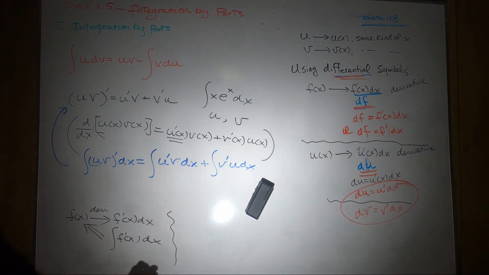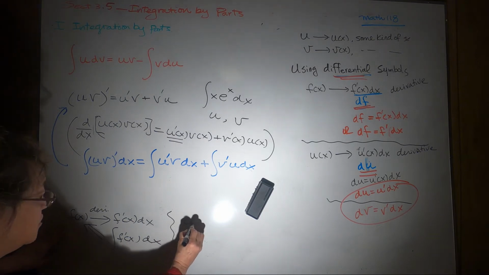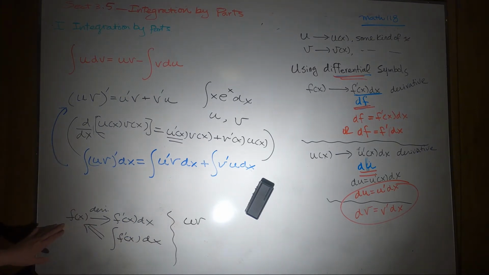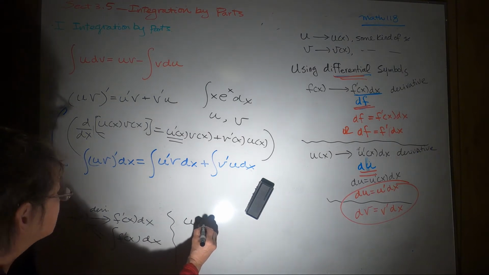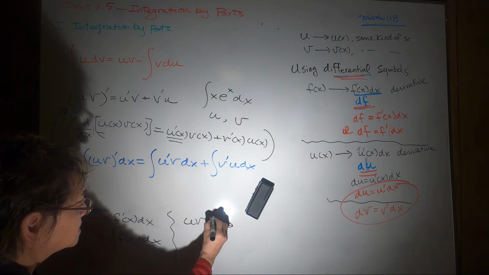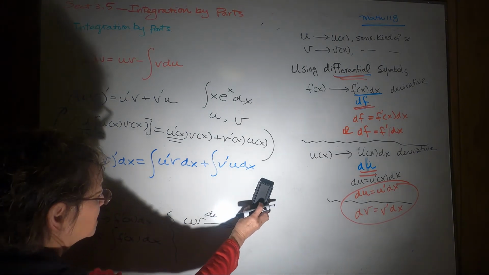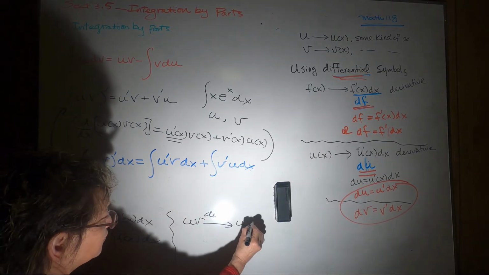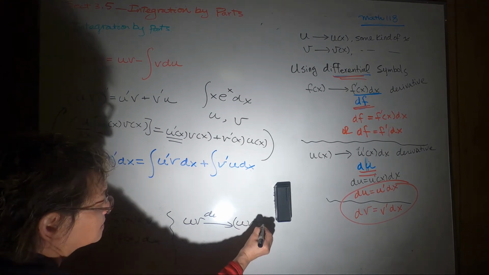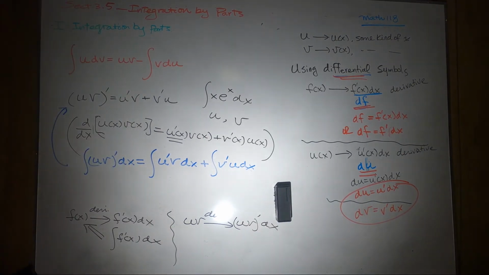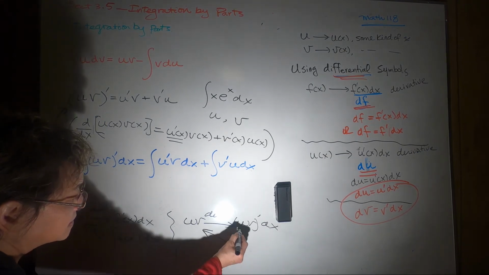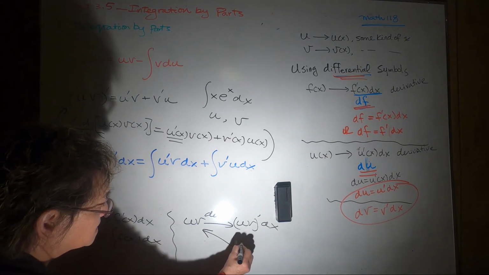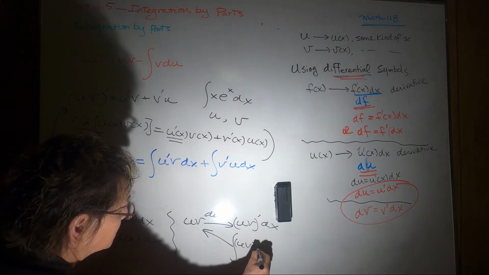Now we have uv together. You take the derivative of uv with respect to x, then you take the antiderivative of this, the derivative of uv dx.